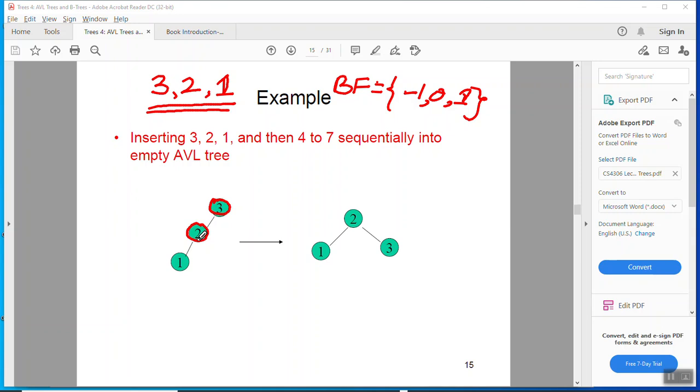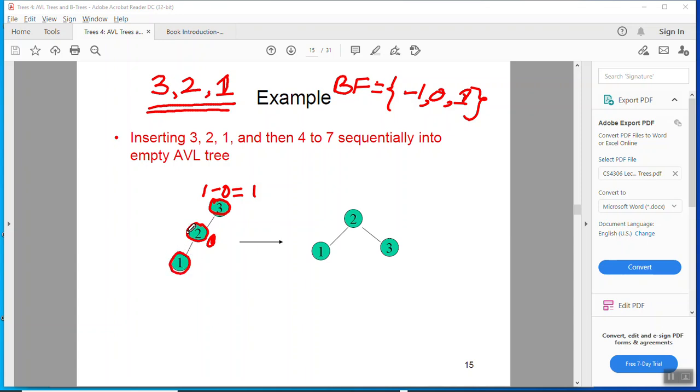When we insert 2, the balance factor for 2 will be 0, and for 3 it will be 1, left side 1 minus right side 0, which is okay. Now when we insert 1, 1 is less than 2, so 1 will go to the left side.